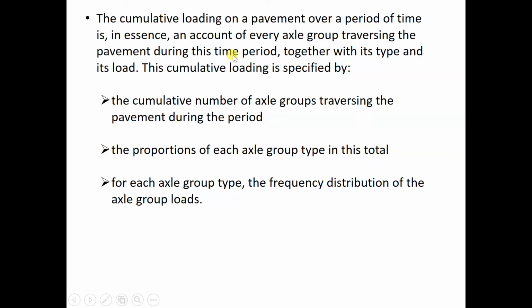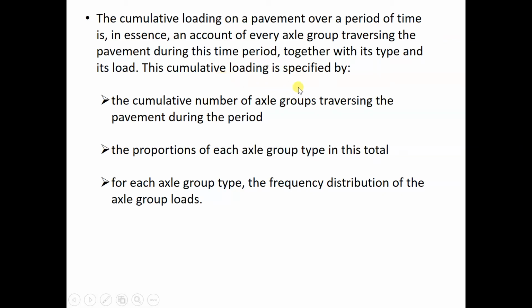The cumulative loading on a pavement over a period of time is in essence an account of every axle group traversing the pavement during this time period, together with its type and its load.